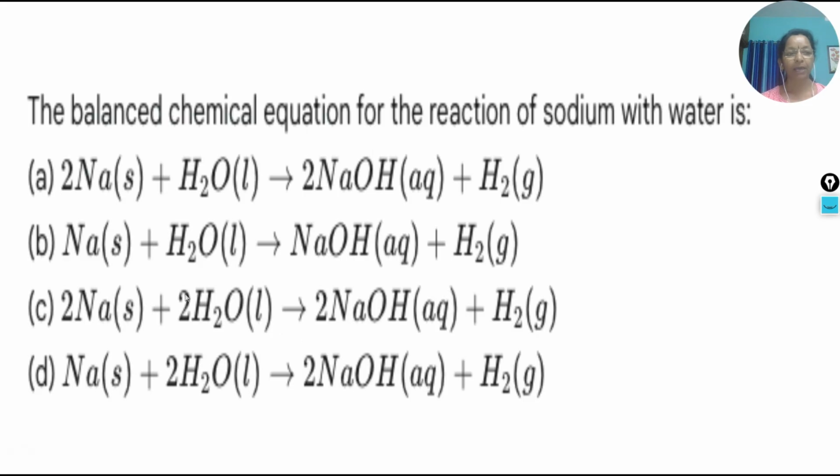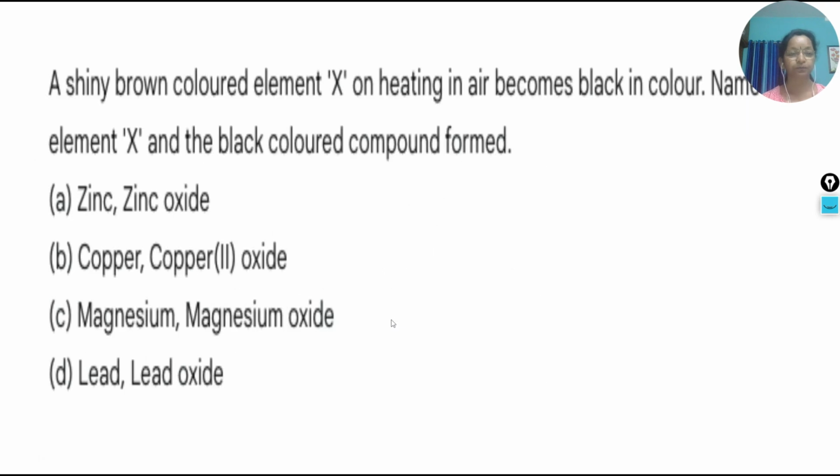Then it is showing a balanced chemical equation for the reaction of sodium with water. What we have to do is check whether the number of atoms is equal, in which case it is equal. We can find that the third equation shows a balanced chemical equation.